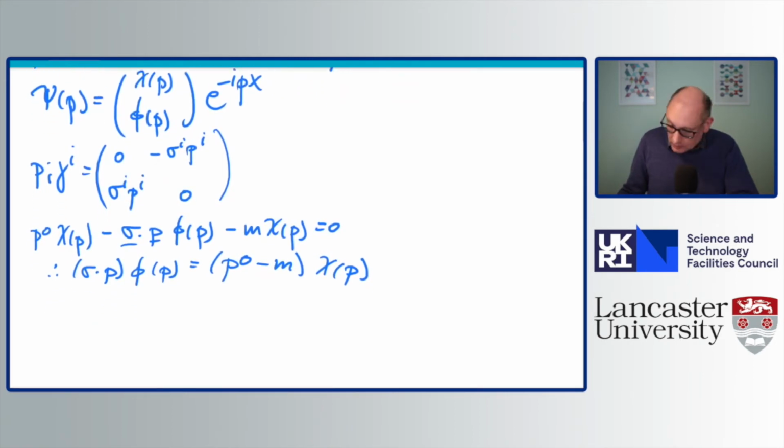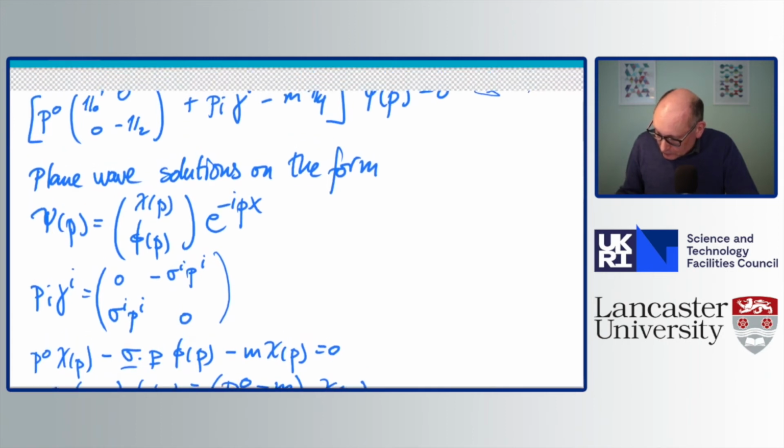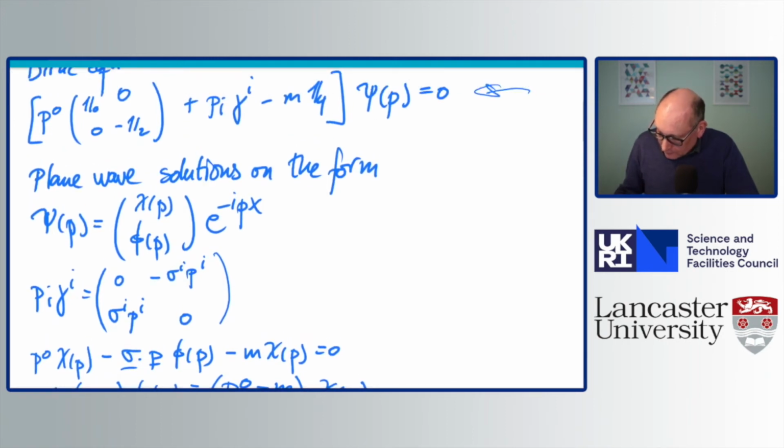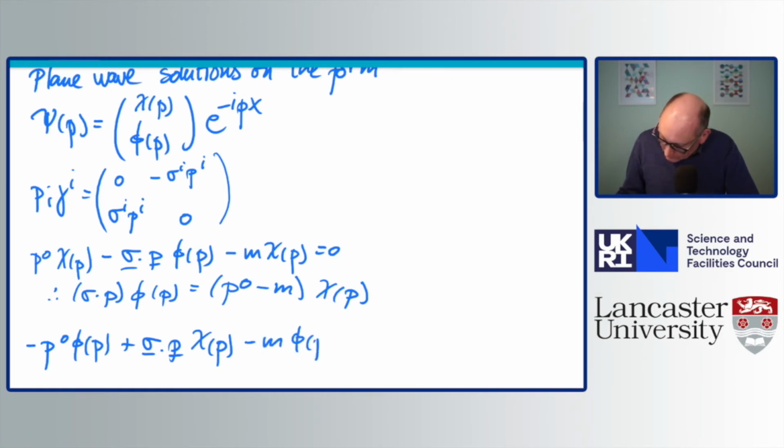Good. The Dirac equation for phi, the lower components of the 4-spinor, is instead that minus p naught phi of p plus sigma dot p psi of p minus m phi of p is equal to 0.